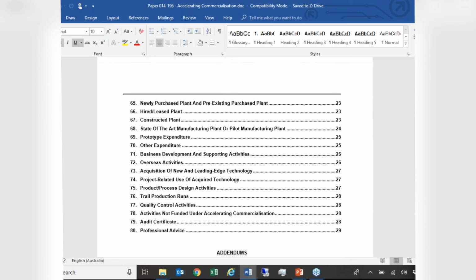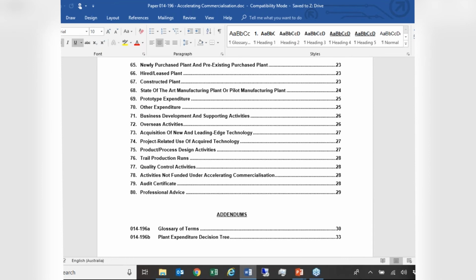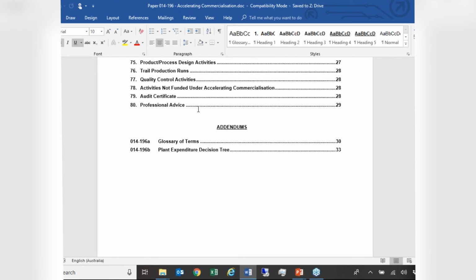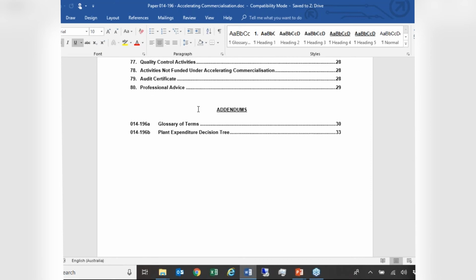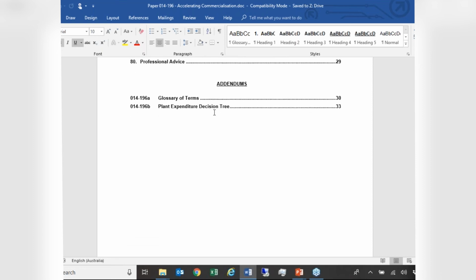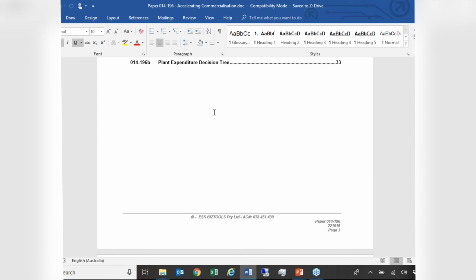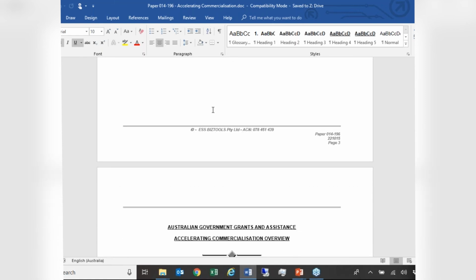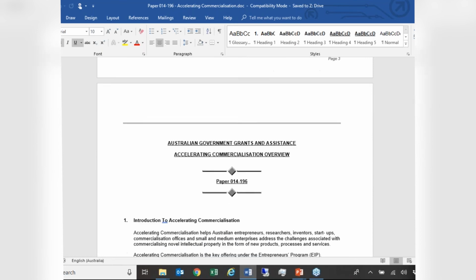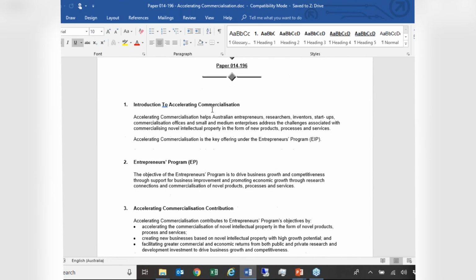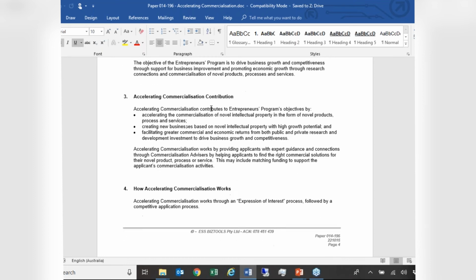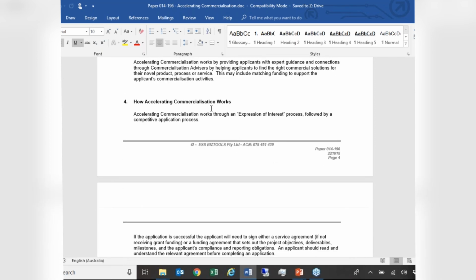This program is administered in direct communication with small, medium enterprises by 32 business officers who are all drawn from private enterprise, who are all experts in their area, who are located throughout Australia, mainly in the capital cities, but some in provincial cities, but they service the entire nation. So this is just giving you an overview of the paper so you can gain some appreciation of how the papers are structured.